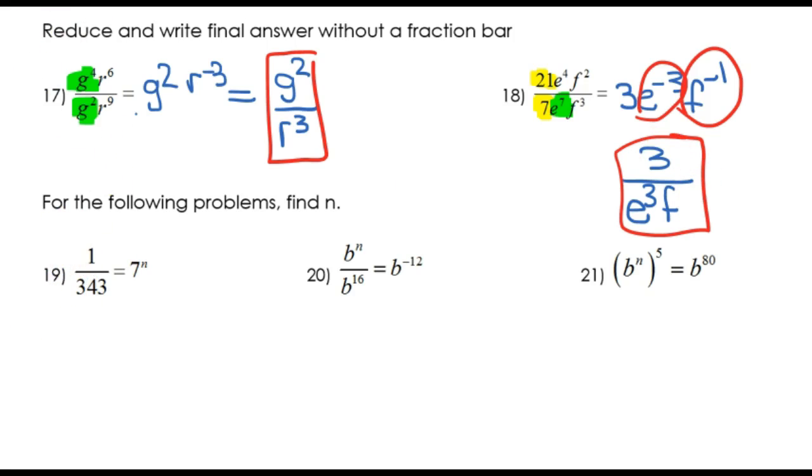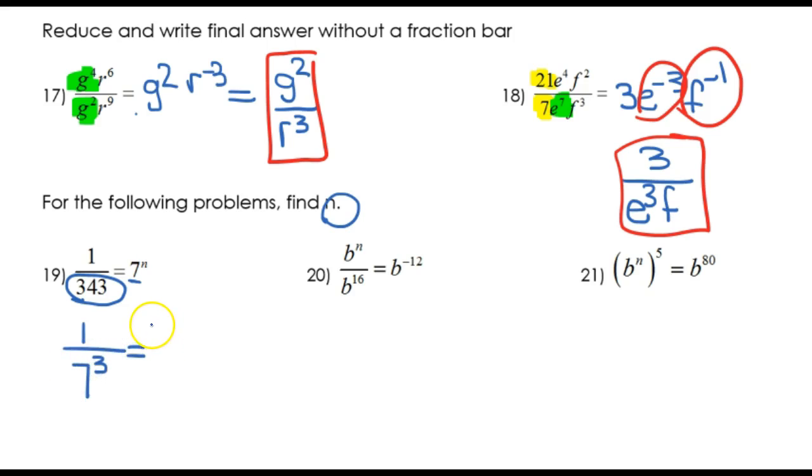Number 19, one of your favorites. I think we actually did this one as a warm-up the other day. So 1 over 343 equals 7 to the nth power. We want to find n right here. So what we need to think about is 343 in terms of base 7. We know, or we can figure out on our calculators, that 343 is 7 to the 3rd power.